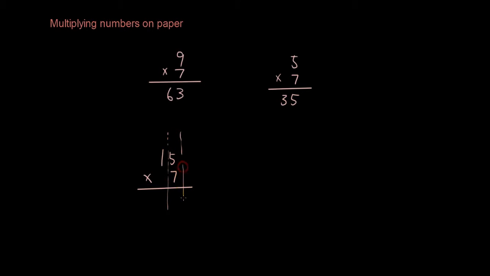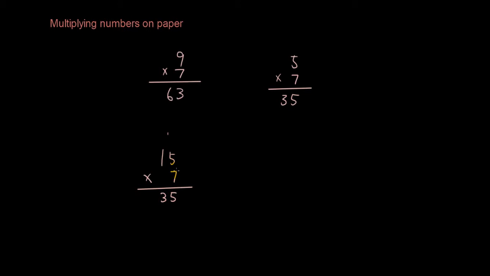So you put 7 times 5. Now the answer is 35. Now instead of writing the 3 here like we do in adding, we actually just write 35 down here, like that. And then we do 7 times 1.